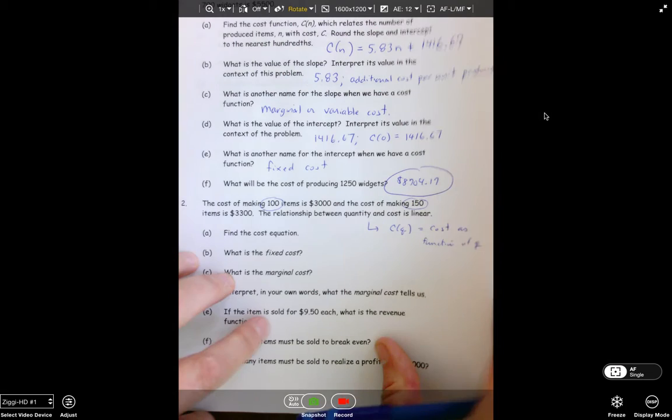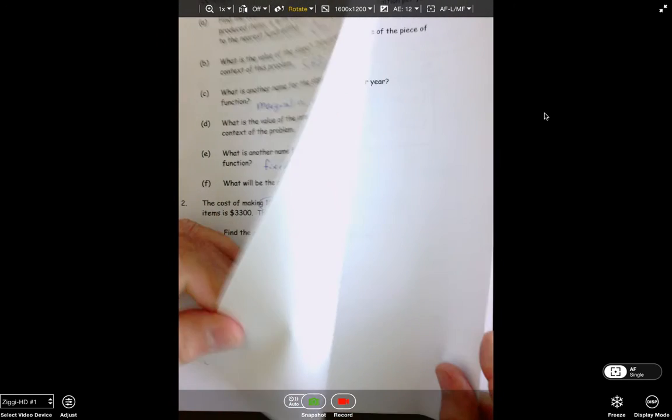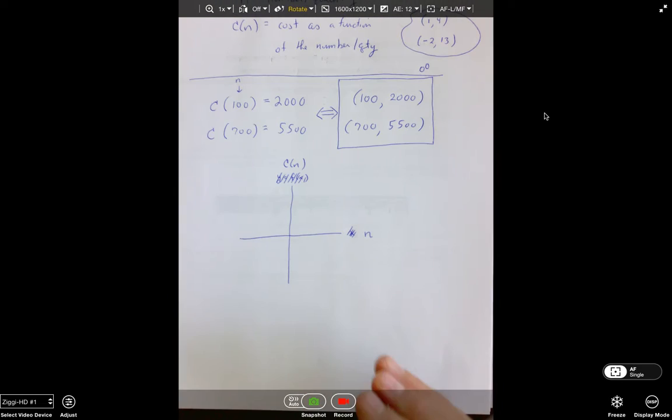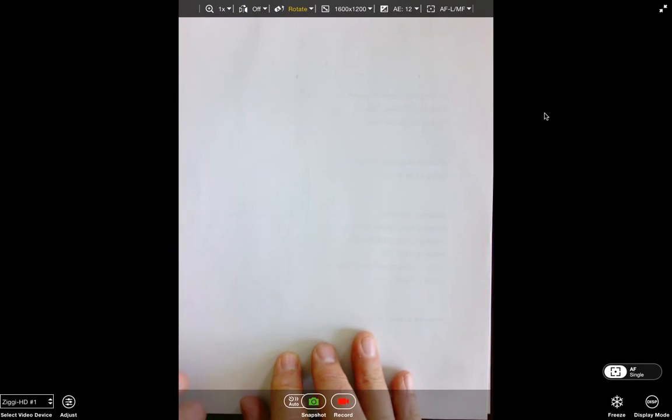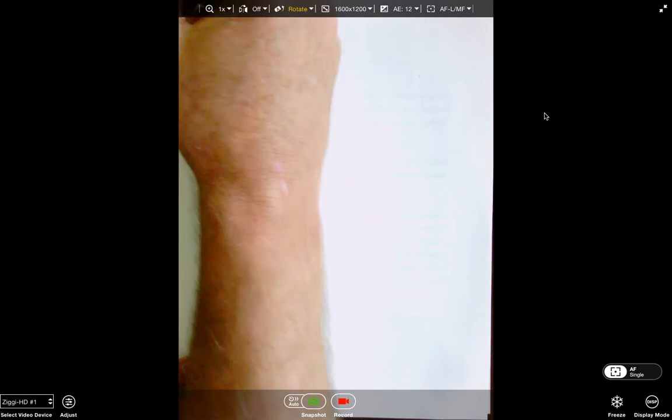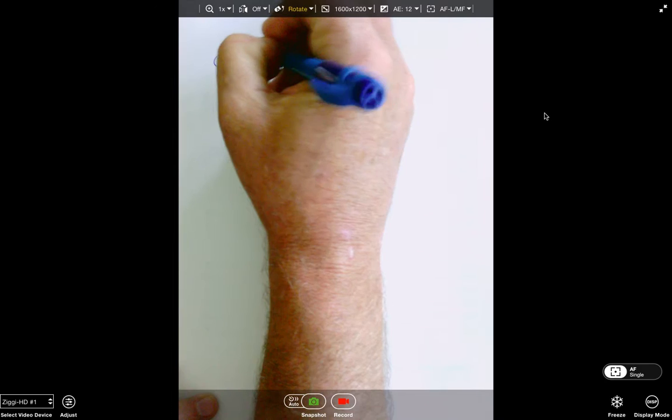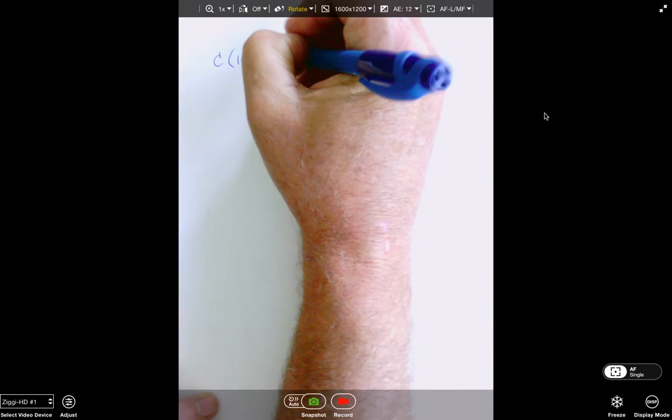So gang, let's set the problem up. Let's learn from what we've done previously and make this type of problem easier. So guys, I know that C of 100 equals 3,000.